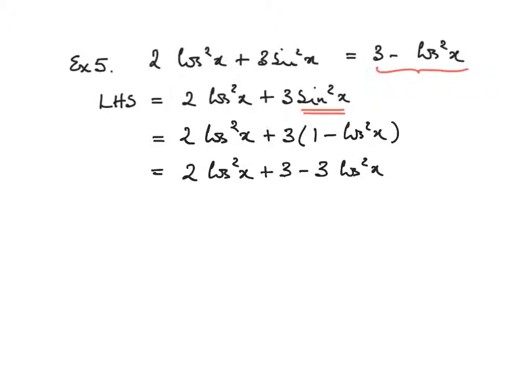You'll notice we don't have any sin squared x terms now. What we can do now is gather together like terms. Well, here's one like term, 2 cos squared, and here's another one here, 3 cos squared. 2 take away 3 is minus 1.